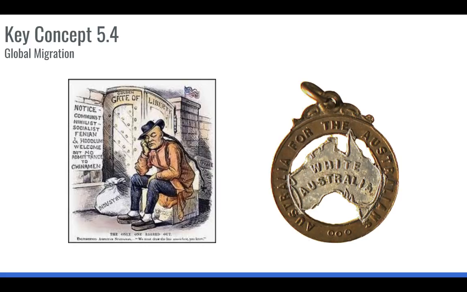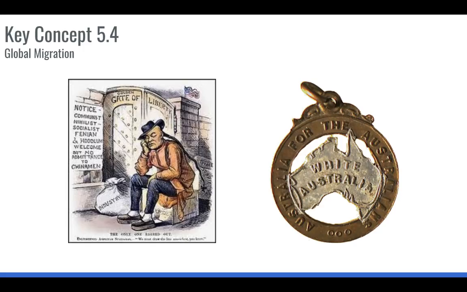And so the United States passes the Chinese Exclusion Acts, which places severe restrictions on the arrival of Chinese immigrants to the United States. And in Australia, something similar occurred, although this was a policy that was aimed at restricting immigrants to all non-whites.